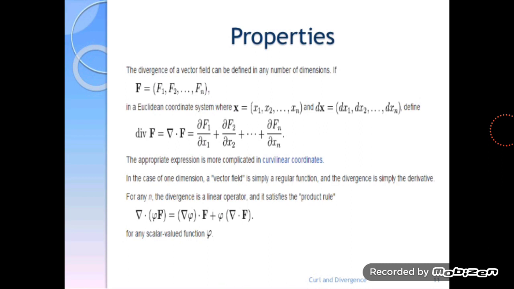The divergence of a vector field can be defined in any number of dimensions.